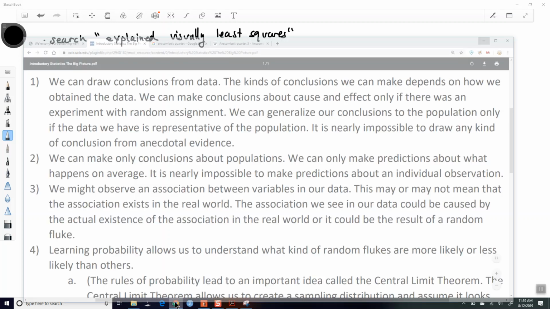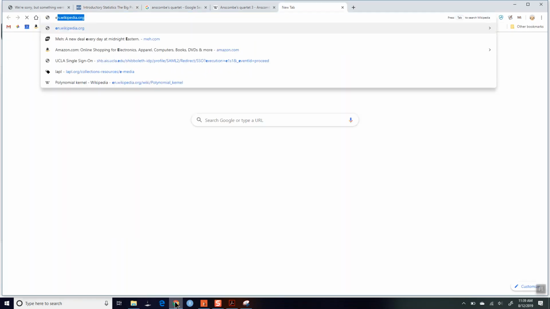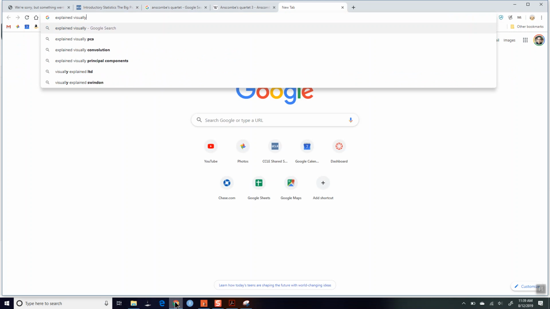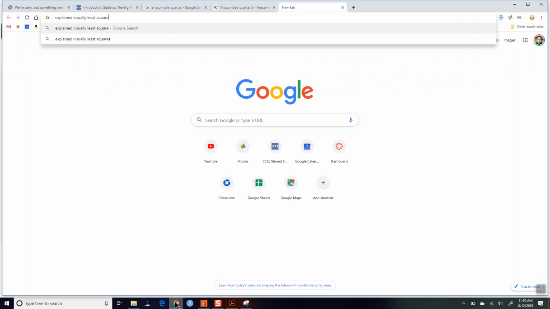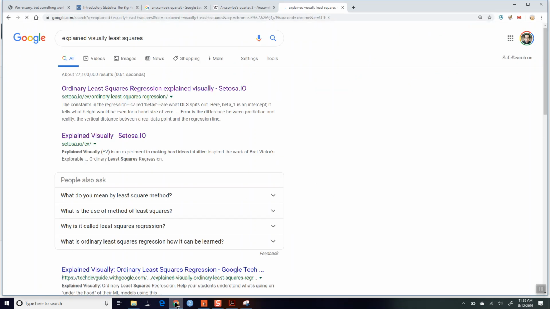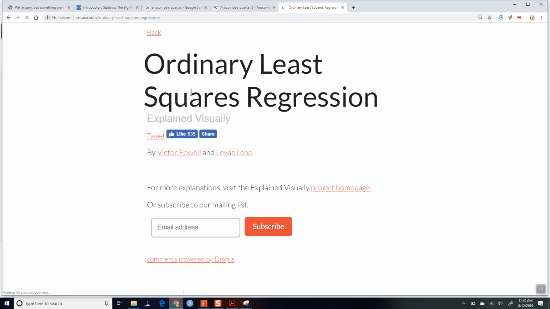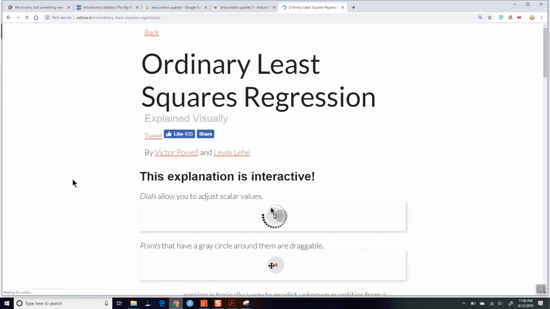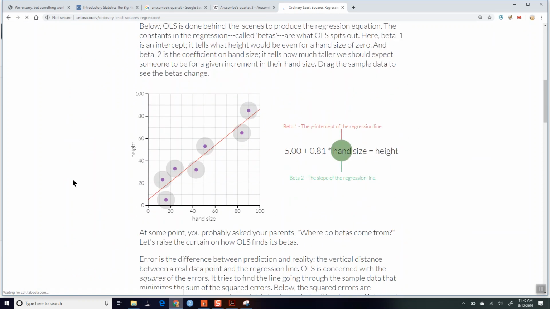I don't know if you've heard the term least squares regression, but the first hit will be ordinary least squares regression, and it talks about, when we fit a line to our data, how do we decide what our best fitting line is?